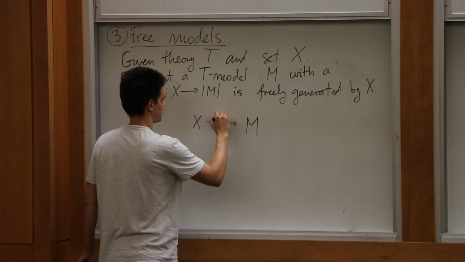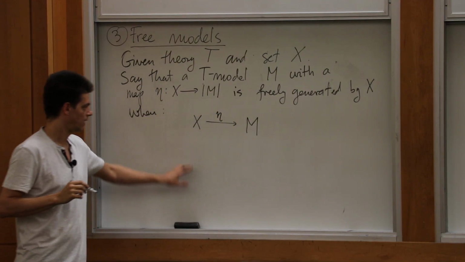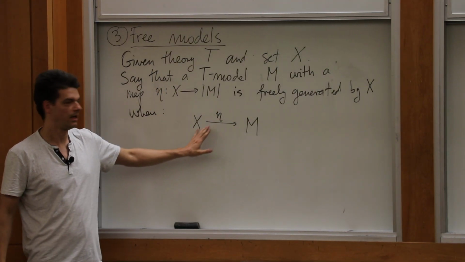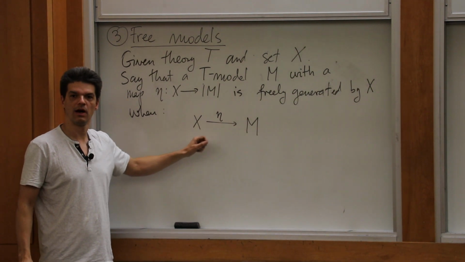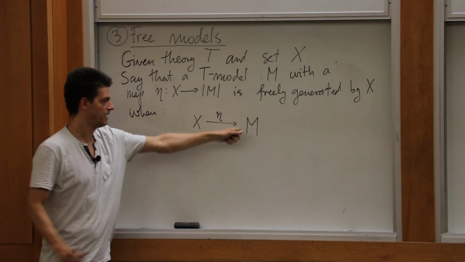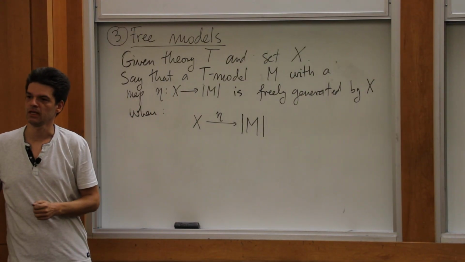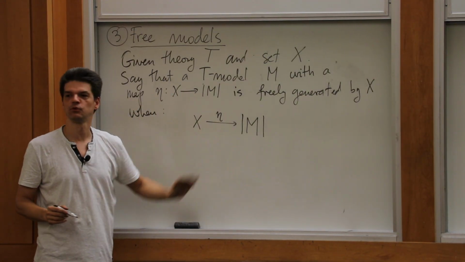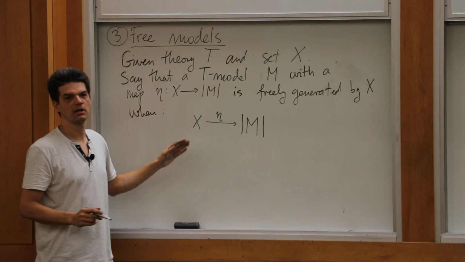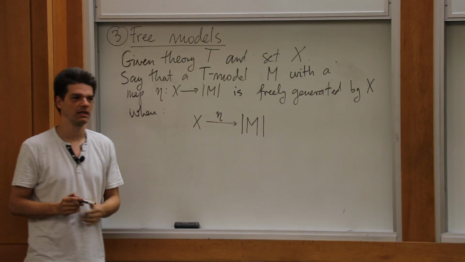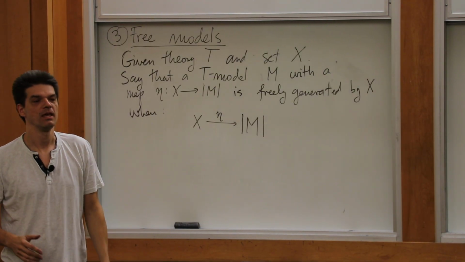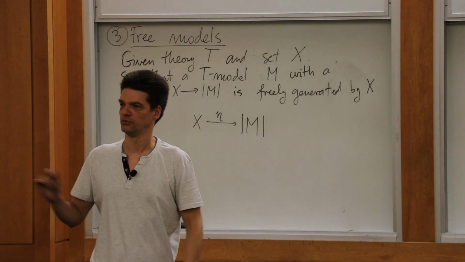So here's what I have so far. I have a set, I have a model, and I know how to put this set inside this model. And I want to say that this is the best way of doing it. And so when you want to say that it's the best way of doing it, what you need to say is it's better than any other way of doing it.